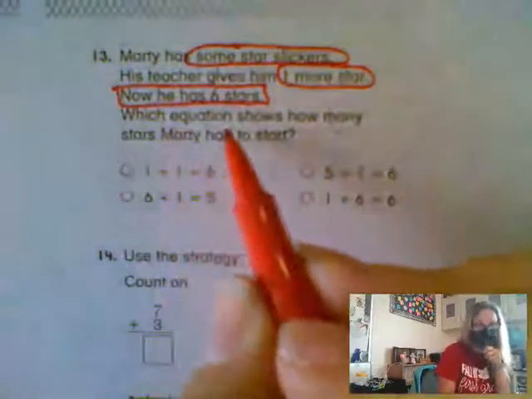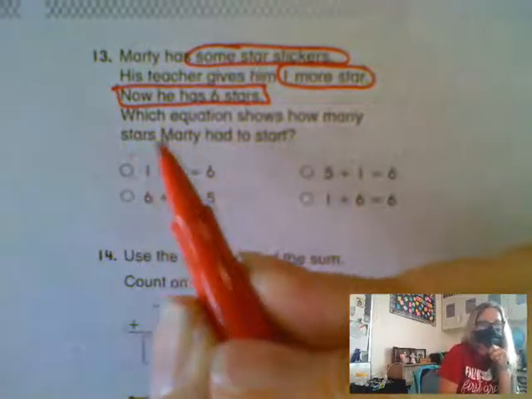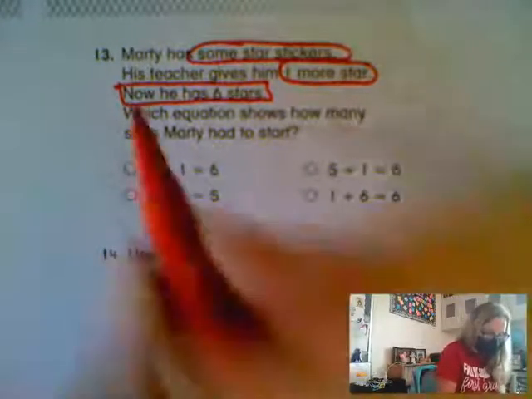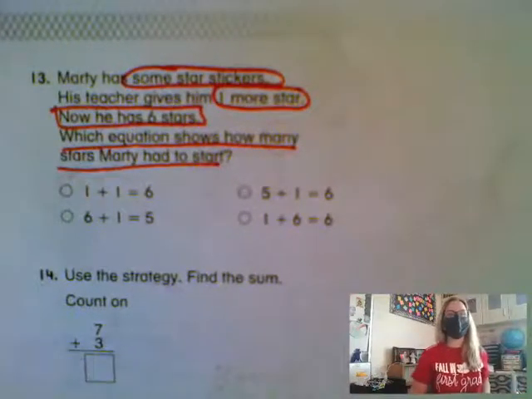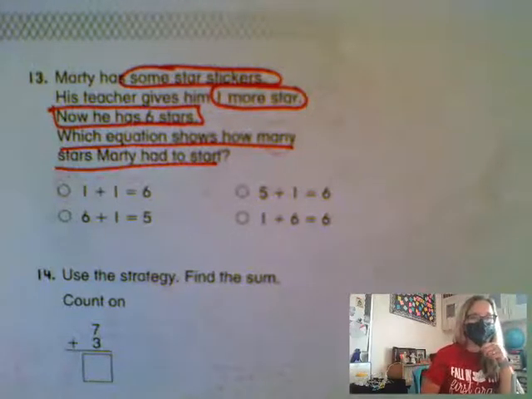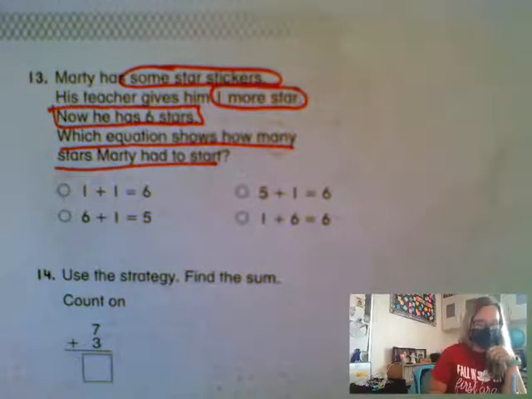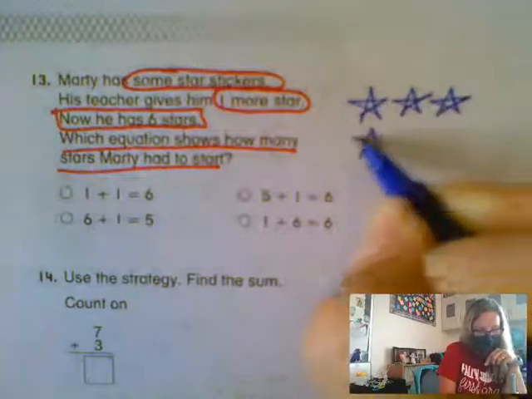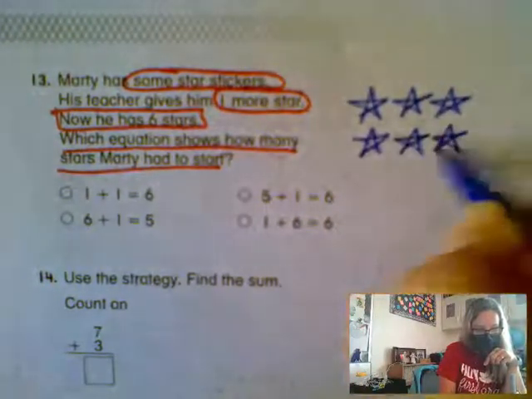Which equation shows how many stars Marty had to start? So we're trying to figure out which equation shows how many he had to start. So let's think about what we know, okay? He had some stickers. Now he has 6 stickers. So he has 1, 2, 3, 4, 5, 6 stickers.